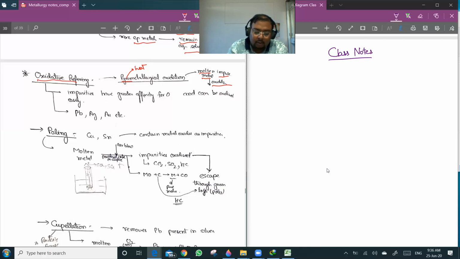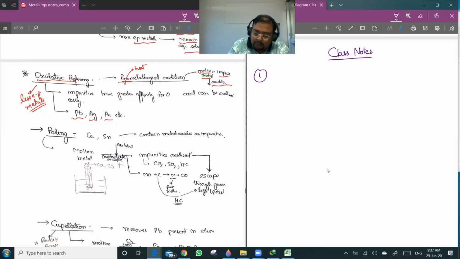Oxidative refining is generally used for less electropositive metals, which have lower oxygen affinity, so it is used for lead, silver, gold, etc. Let us start with the first one.